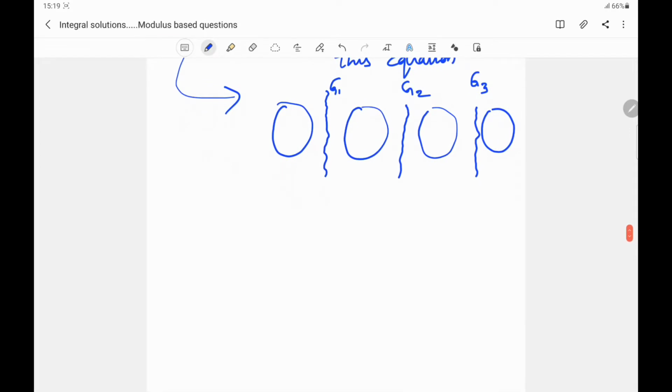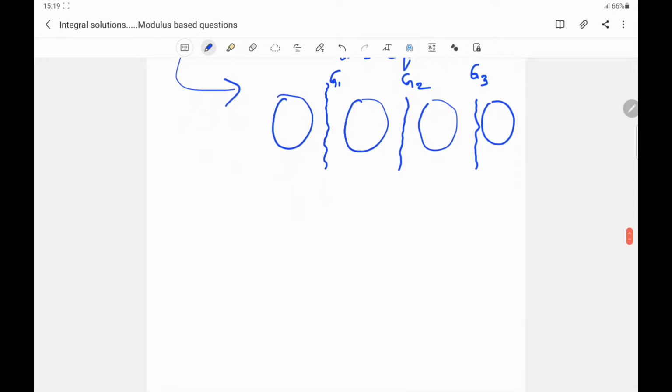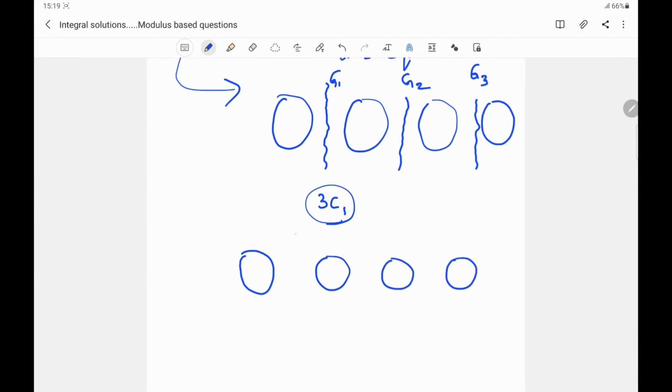So what I'll do is I'll select one of the gaps. Say there are 3 gaps, I'll select one of the gaps. Suppose I have selected gap 1. I'll again place those 4 balls on the table. So anything to the left of gap 1 is A, anything to the right of gap 1 is B. Not necessarily gap 1, any gap which you have selected.